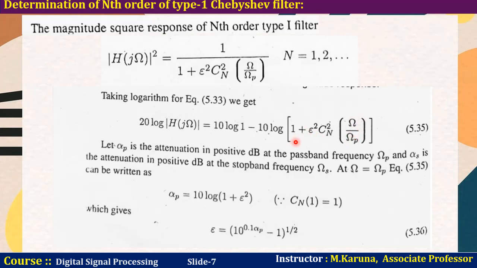Then the remaining term is 1 plus epsilon squared Cn squared of x, and Cn of 1 equals 1. So we can write the passband attenuation equal to 10 log of 1 plus epsilon squared. Already we have derived this type of equation in case of Butterworth filter also. You can refer to that formula also. From this equation we will get the value for epsilon.